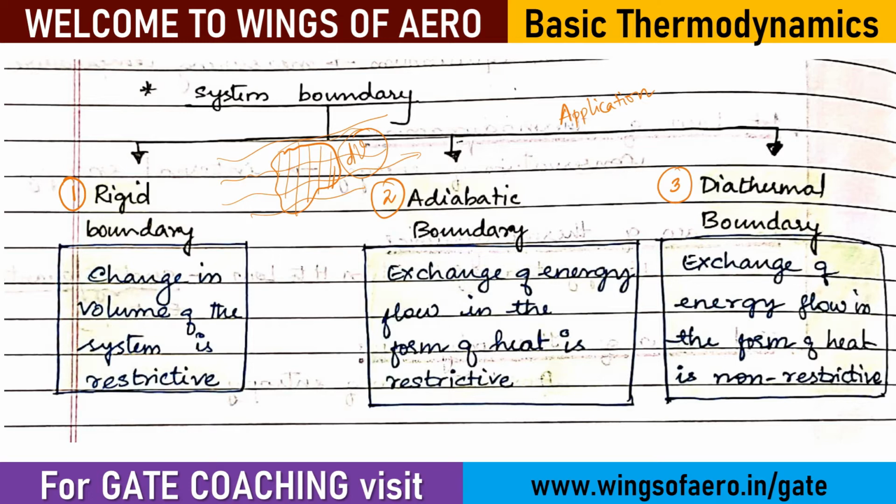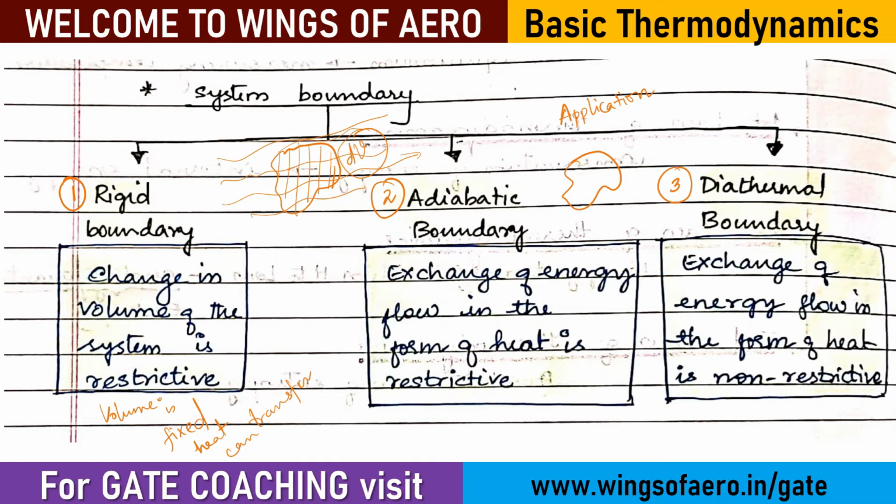The second one is the adiabatic boundary. What is an adiabatic boundary? The exchange of energy in the form of heat is restricted. In the rigid boundary, the volume is fixed, but heat can transfer without changing the boundary.